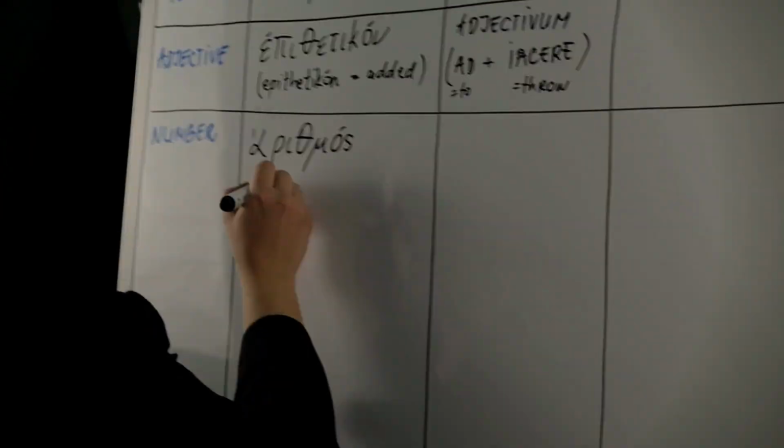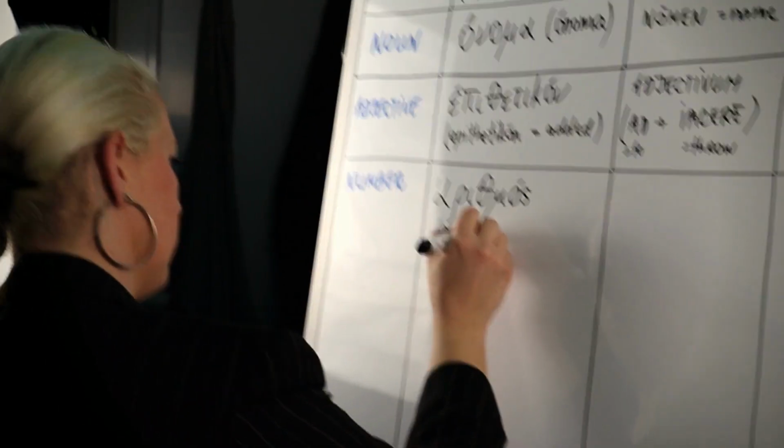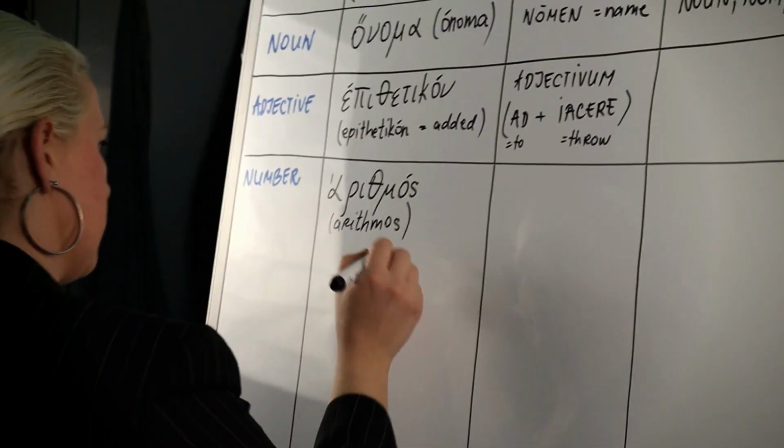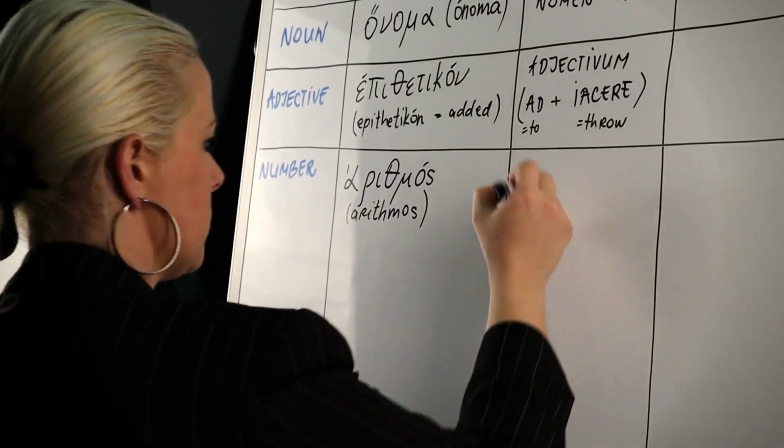Next term is numbers. Numbers originates from the ancient Greek word arithmos, and well, basically from that word you've got the expression arithmetics, which is a part of mathematics, which basically deals with the numbers.